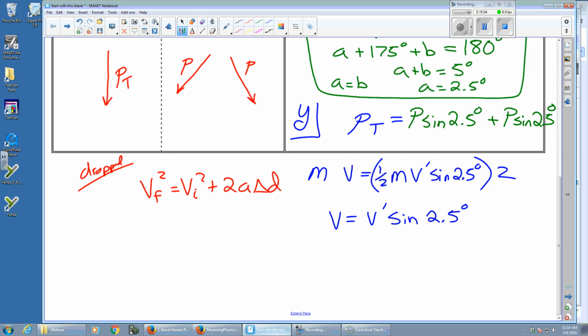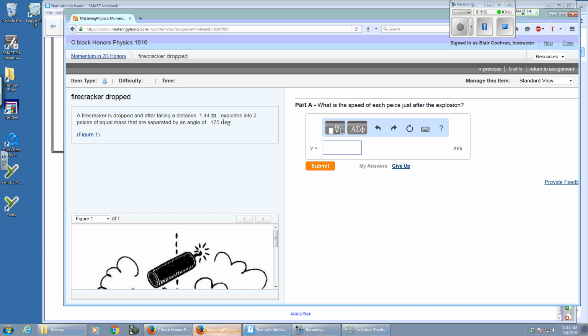So v final would be my v. My v initial, I said it was dropped, so that's 0, plus 2. Now I said down was positive, so my acceleration is 9.81 meters per second squared, and my displacement for mine was 1.44 meters.